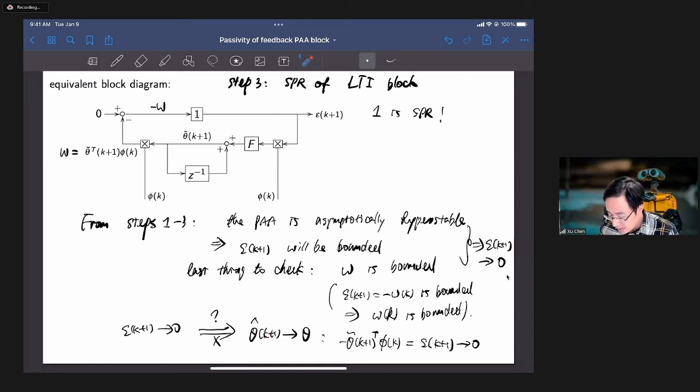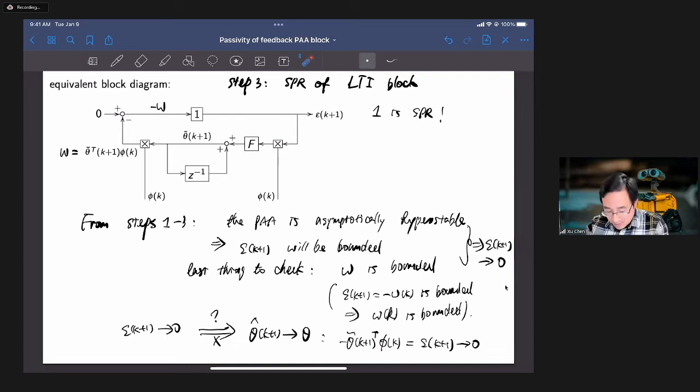In other words, this signal going to 0 does not guarantee that theta tilde is 0. Because if these two vectors are perpendicular to each other, the product will be 0. So this is not necessarily 0.